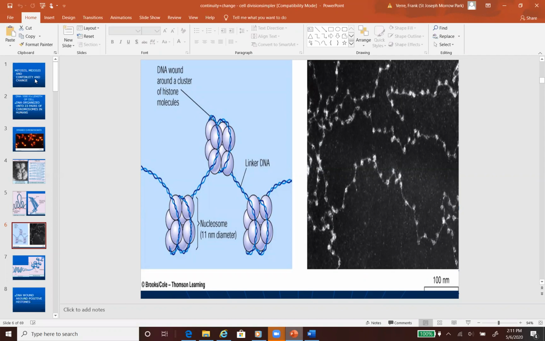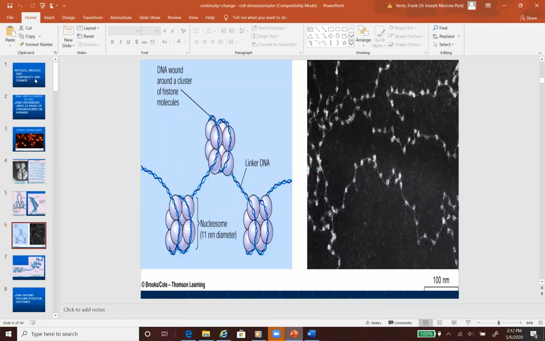When DNA is copied, it also needs to be sorted out. So what's going to happen to the DNA in cell division is it's going to be copied, so we have two copies of it. This is what it looks like. And then it's going to be sorted out, and I'll explain what that means in a moment.